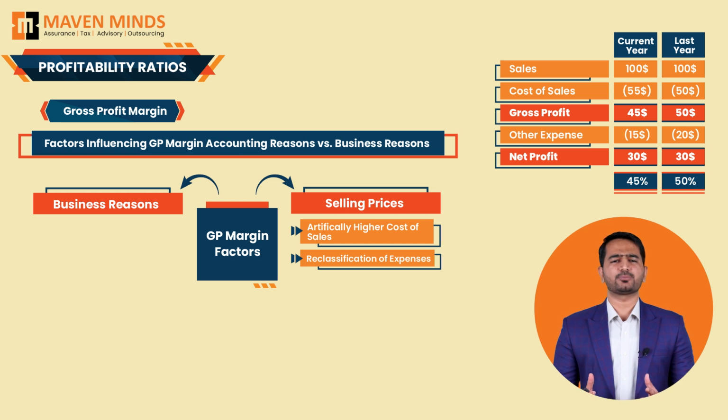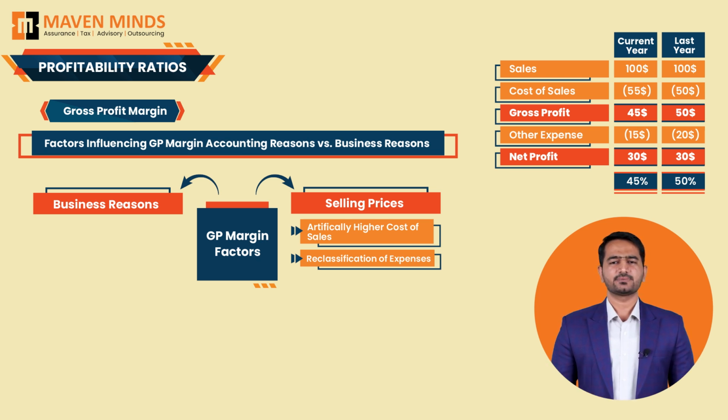While the overall profitability remains unchanged, the shift affects how financial health is perceived based solely on the GP margin. If such reclassification is part of the scenario given in your exam, it is essential to acknowledge this accounting practice as it could affect the comparison year over year or against industry benchmarks.